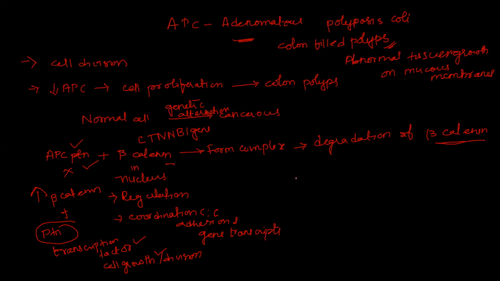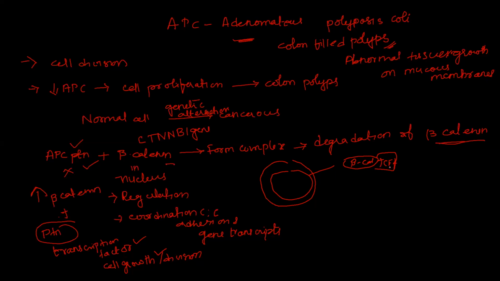Okay, you can just consider a rough diagram. There's a cell, you have the nucleus, and inside the nucleus consider this as your beta catenin, and you have another thing which is a transcription factor 4.